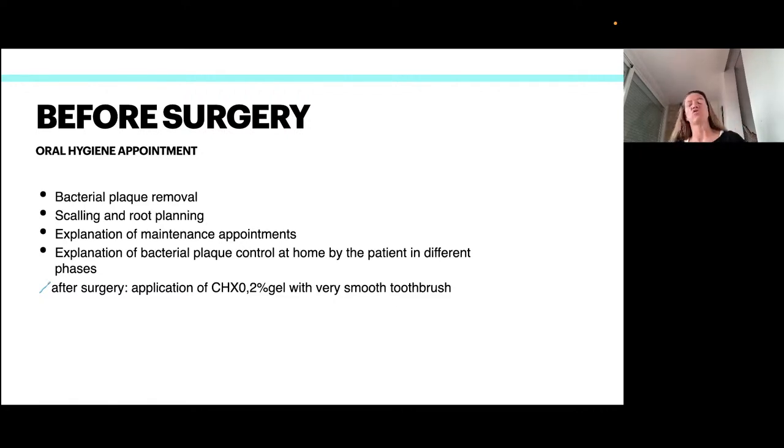So after the surgery, as I told you, we will ask our patient to use a chlorhexidine gel 0.2% or 0.12% with a very smooth toothbrush.